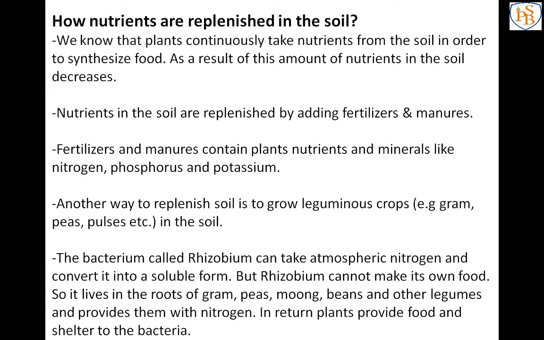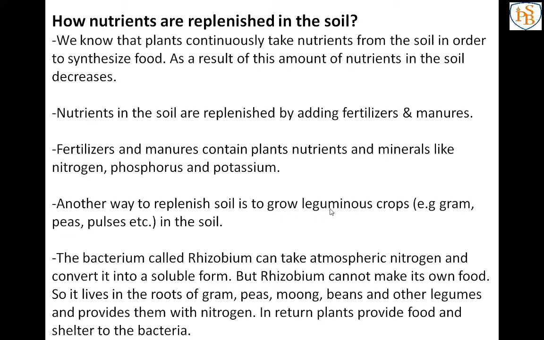So for that one bacteria helps the plant to take the nitrogen. That bacteria's name is rhizobium. Rhizobium is the bacteria which can take the atmospheric nitrogen and convert it into a soluble form.